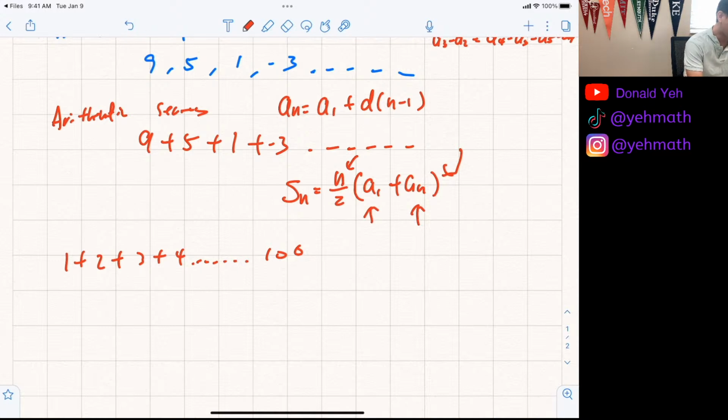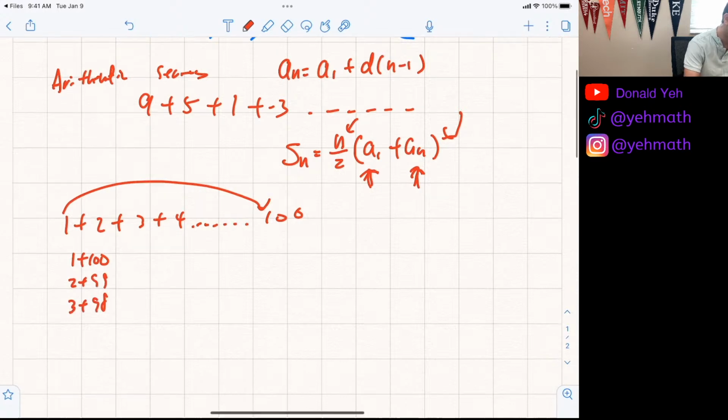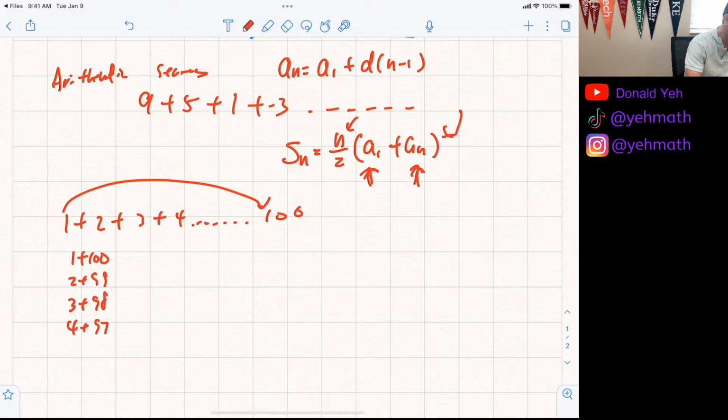What he did was add the first term and last term. So it'll be 1 plus 100. See that, first term and last term? Then 2 plus 99, 3 plus 98, 4 plus 97, and keep on going. So in total there are 50 sets of numbers.